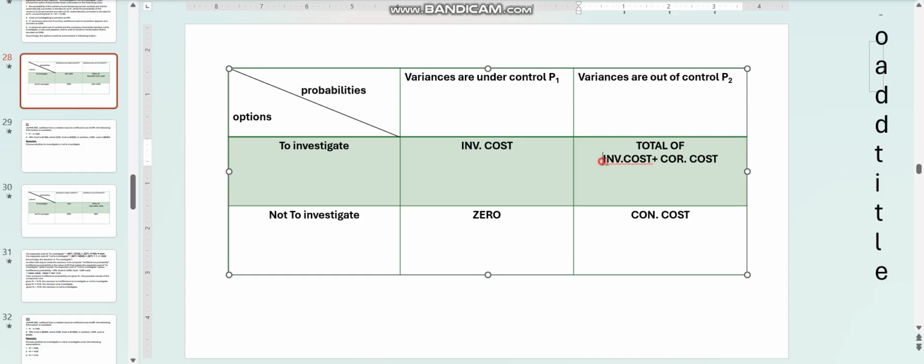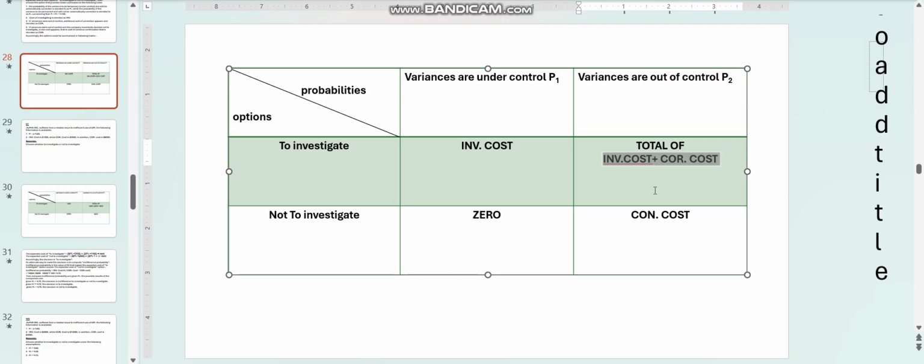Second cell, when you decide to investigate a cost variance while it's out of control, it will not be eliminated. It will happen in the next period and next and next. So you need to apply corrective procedures to correct it.